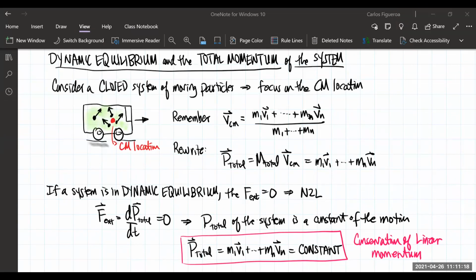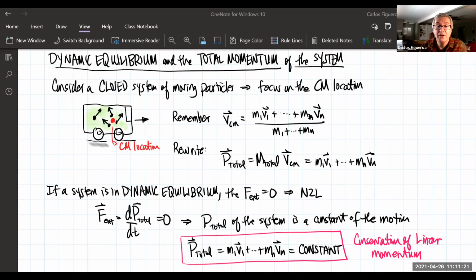As a consequence, the velocity of center of mass before and after will not change. Related to it is the total momentum, which we can write in terms of the velocity of the center of mass. If there are no external forces acting on that system, then the total momentum is going to be a constant.